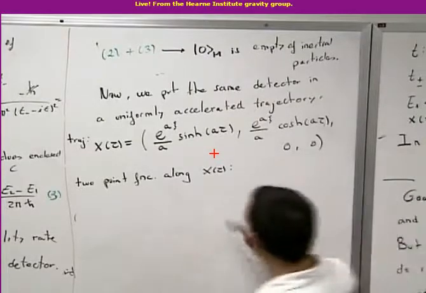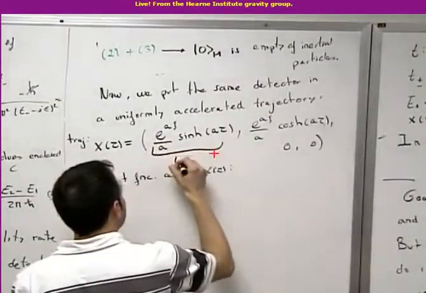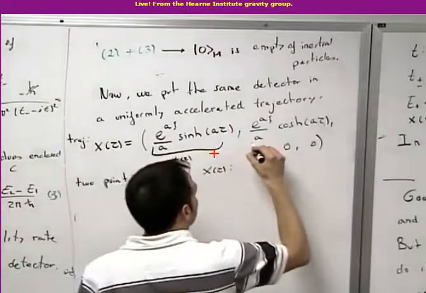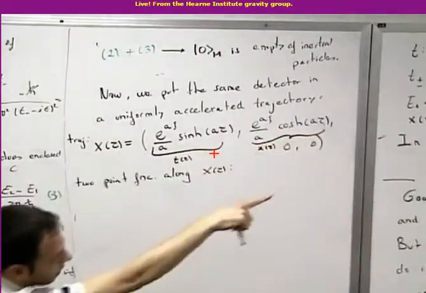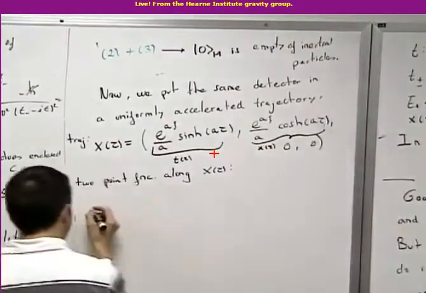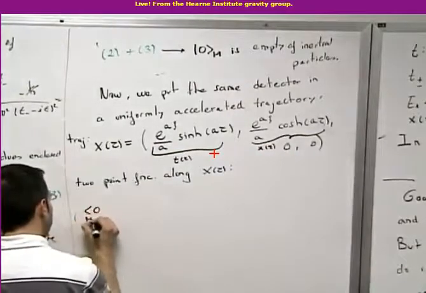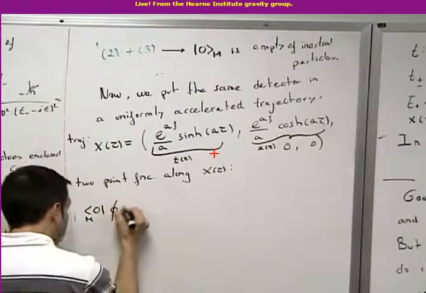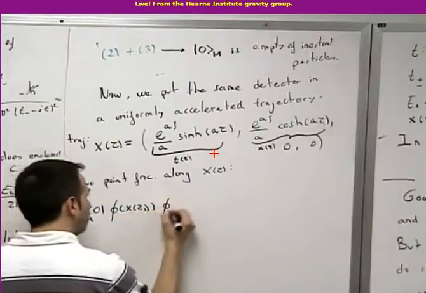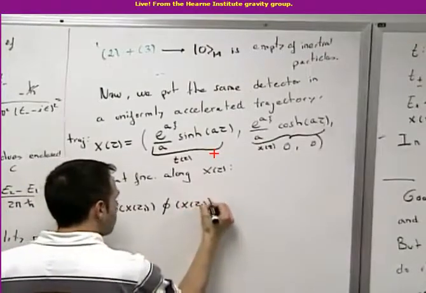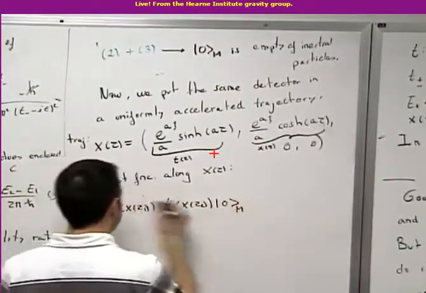Because t of tau is precisely this, and this is x of tau. So I have to take that equation and just plug in the trajectory. So the same state, the same 2-point function, is only evaluated when the 2 points belong to the trajectory.